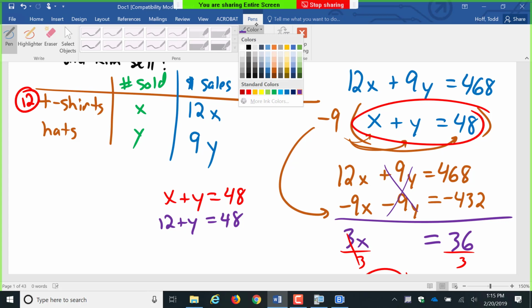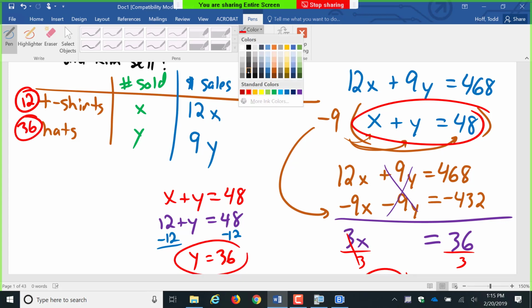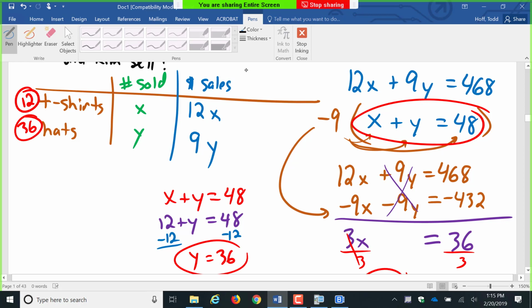What do I do from there? Subtract 12 to get y equals 36. So you can see it's actually the exact same problem we just did. It was just presented in a different format. Any questions there?